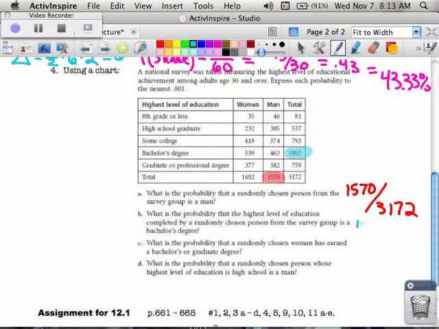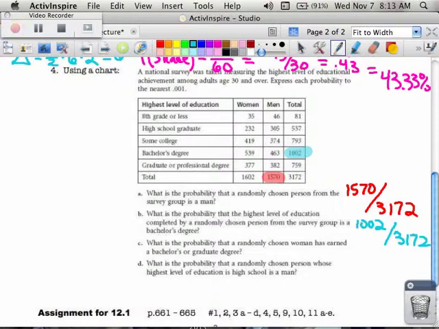Those are your successes out of all the people that were surveyed. So that's 1,002 over 3172. And I don't really have room to simplify it here, but you can easily do that again on your calculator. Just hit 1,002 divided by 3172, and then math, enter, enter. Don't worry about it for right now.